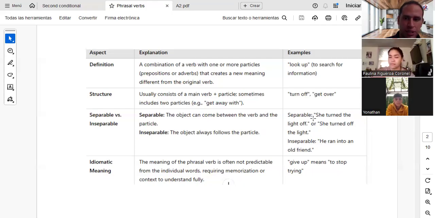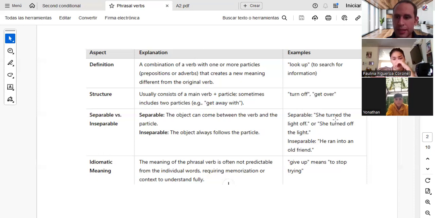This is separable. She turned the light off, or she turned off the light. Both are possible. You can put it in the middle of turn and off, or just after the complete phrasal verb. Inseparable. He ran into an old friend. We can't put old friend in the middle of ran and into.